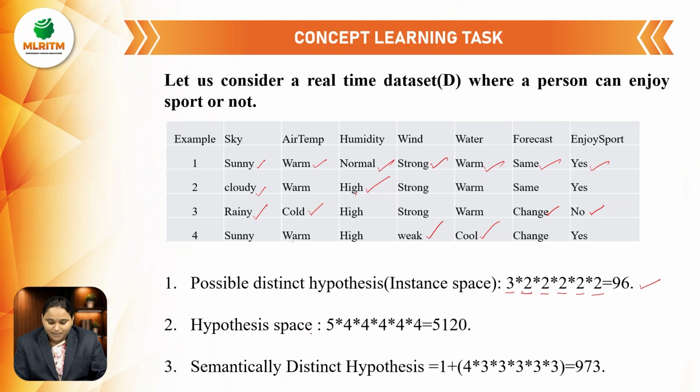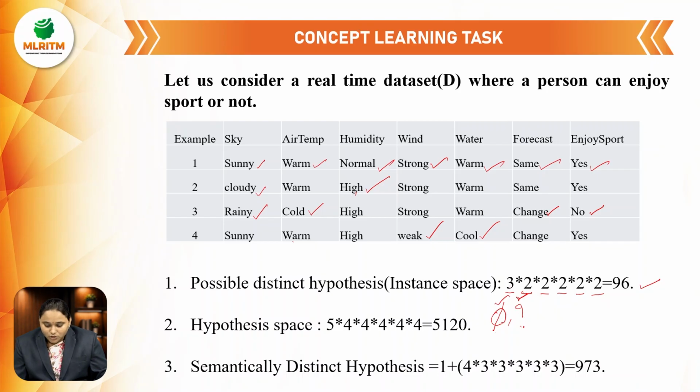Next, the hypothesis space. Here the hypothesis contains the specific hypothesis phi and the general hypothesis question mark. For every attribute we need to mention these two, specific and general. Sky already has three values, and we have two more: phi and the general hypothesis question mark.